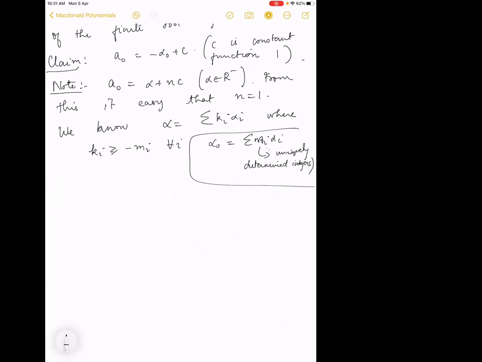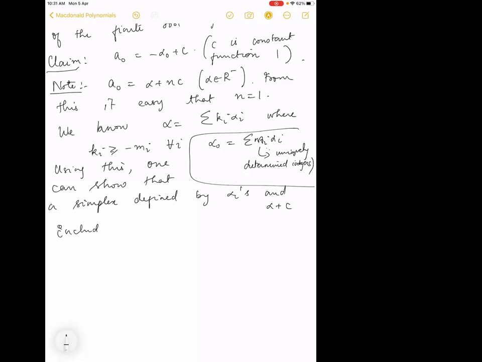So one can show that a simplex defined by these alpha i's and alpha plus c includes the simplex defined by the alpha i's and minus alpha naught plus c.